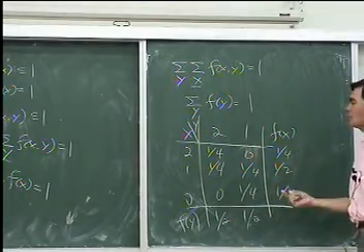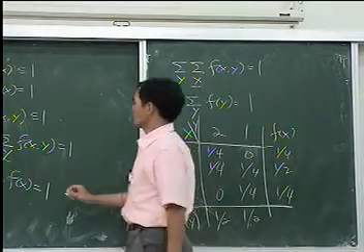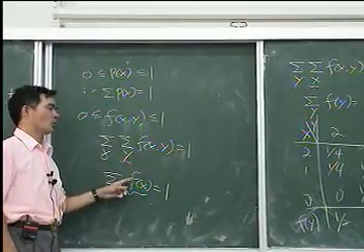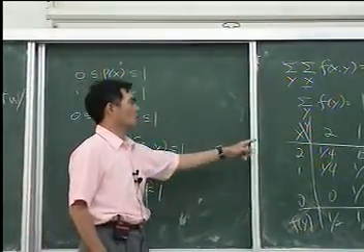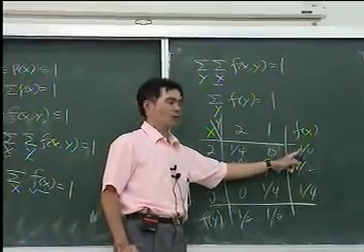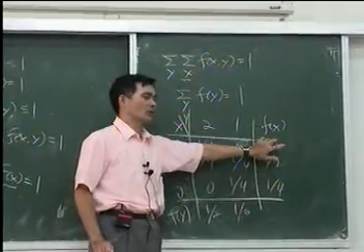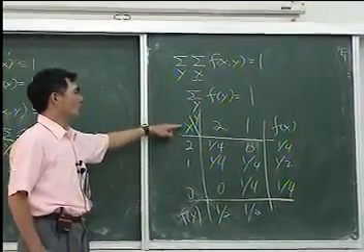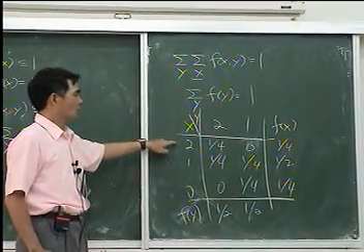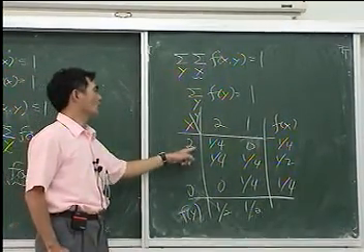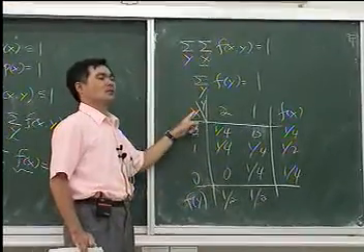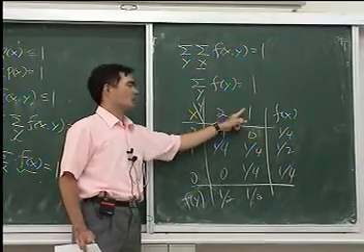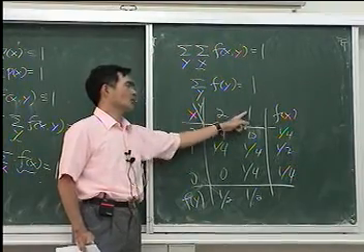So what does this mean? If we want to know f(x), that means we want to know the number here. If you want to know f(x) at x equal to 2, you need to know when x is equal to 2 and y is equal to 1, and y is equal to 2, and y is equal to 1.